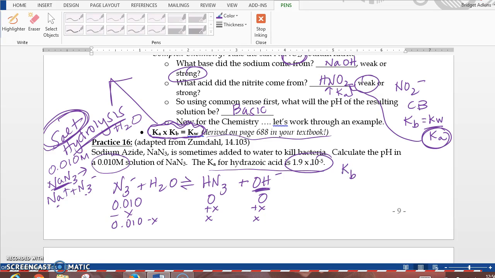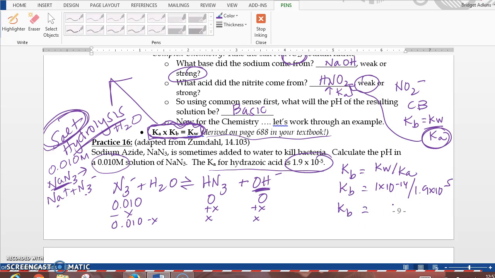Okay, we've got the Ka for the acid. How do you think we get the Kb for the N3 minus? Well, remember this relationship right here? The product of the Ka and the Kb equals Kw. What is Kw? It's a constant. So the Kb for this is Kw over Ka. So to get Kb, I'm going to do 1 times 10 to the negative 14th over the 1.9 times 10 to the negative 5th. That's the chemistry of it, right?